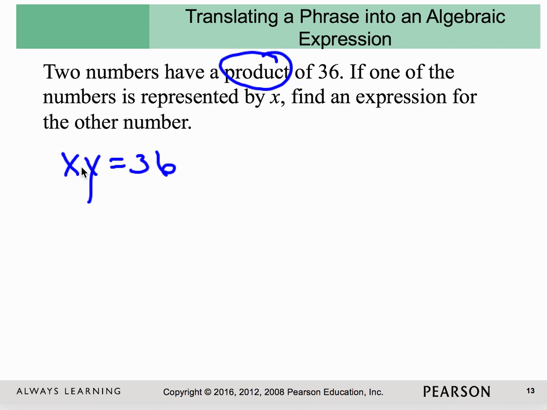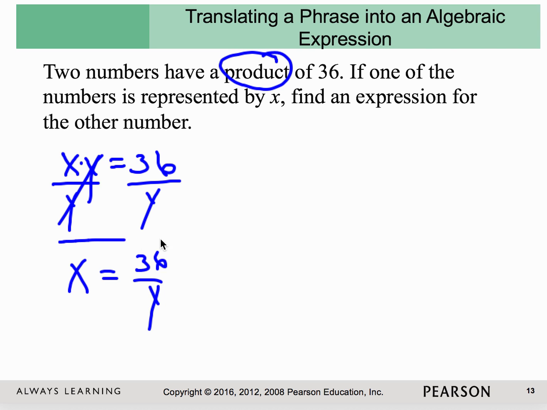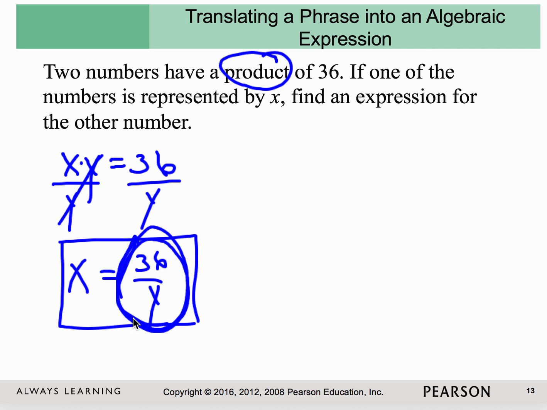So if one of them is x, to undo this, and this is kind of stuff we're going to do later too, then the other number must be 36 over y. Now this is how I come up with it, right? They want the other number, so they just want you to think about what that means. If they multiply and give 36, then the other one is 36 divided by x. Actually, I did this wrong because I want the other one.